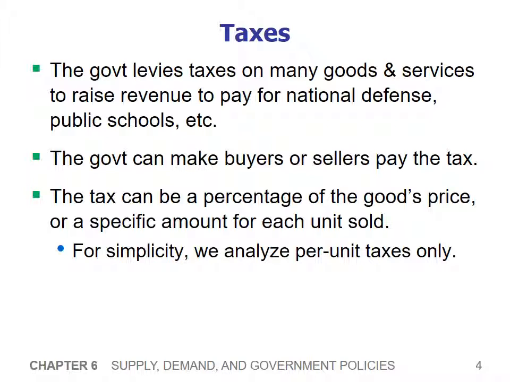The tax can be a percentage of the price of a good, or it can be a fixed dollar amount per unit of the good being consumed. One can easily be converted into the other. To keep things simple, in this chapter we'll analyze tax in terms of a dollar amount per unit of good consumed.